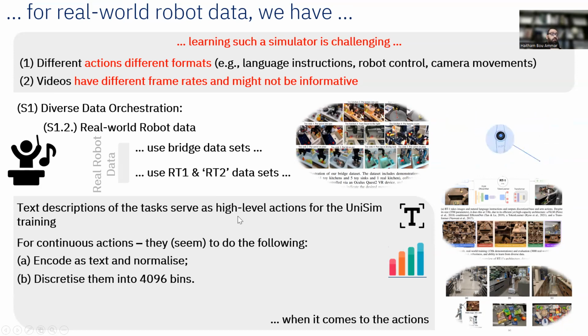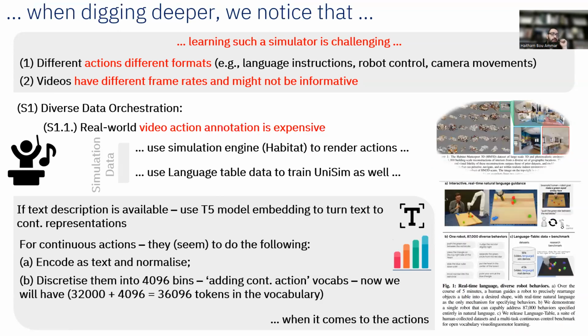If we have text, that text is a high-level action, and I embed it with a T5 encoder. If I have continuous actions, they again normalize and then discretize them into 4,096 bins, as we did on the previous slide.